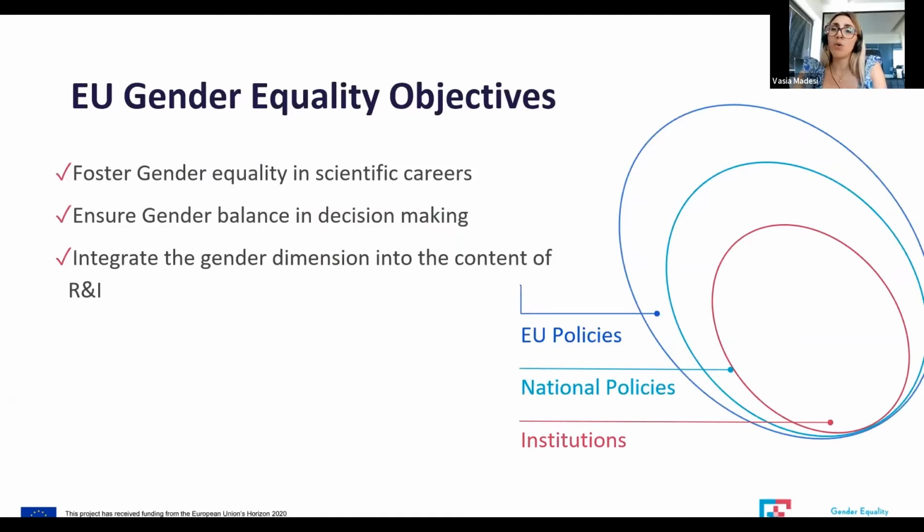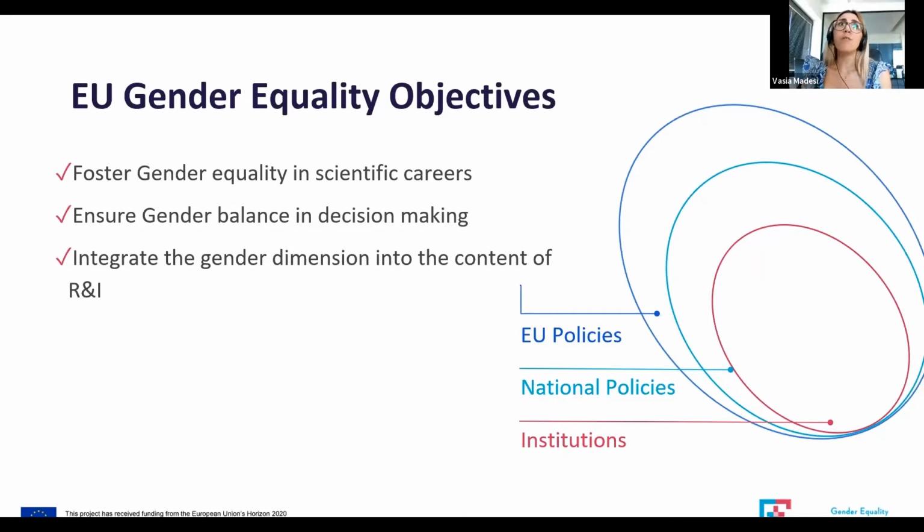In terms of goals, from an initial focus on representation of women in science, gender equality policies are using an increasingly complex framework. So the highlighted policy goals reflect the current so-called 3 ERA priorities on gender equality in research, all of them on the agenda.